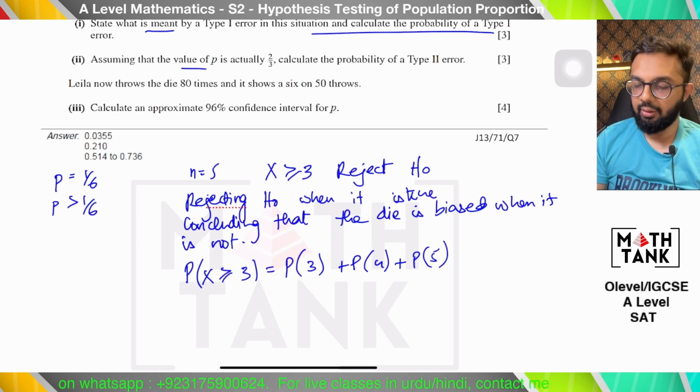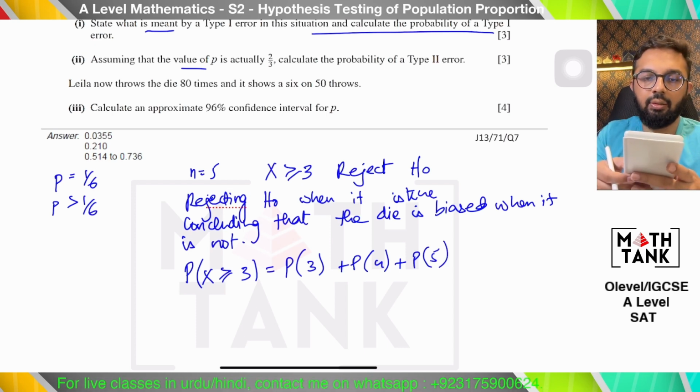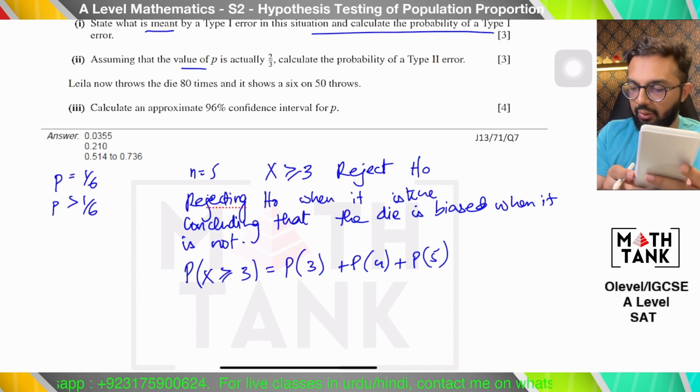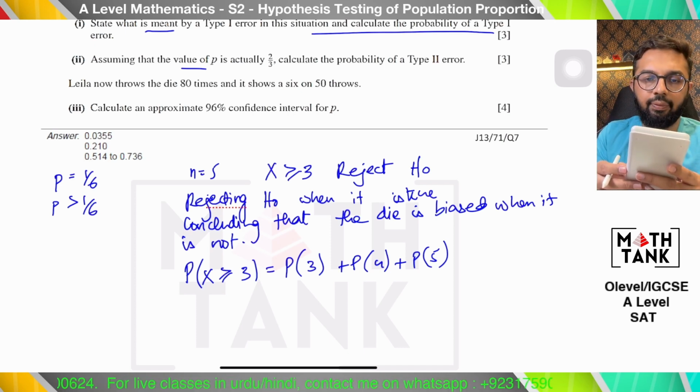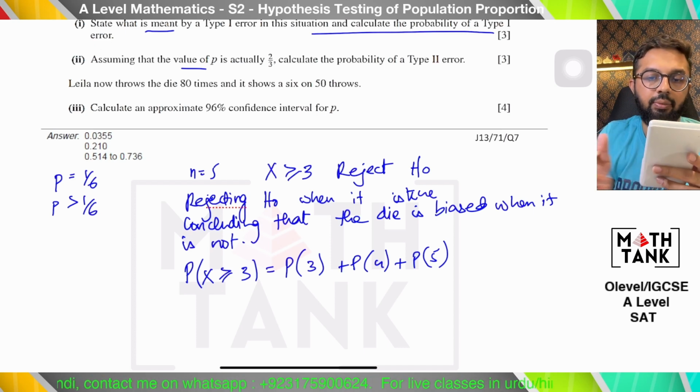Let's quickly put that on a list in our calculator. 3, 4, 5, with n equals 5 and p equals 1/6.